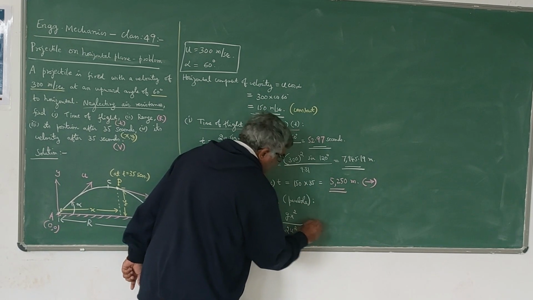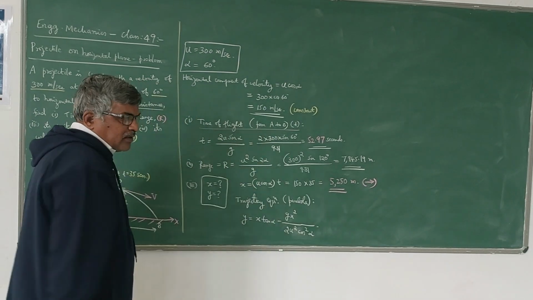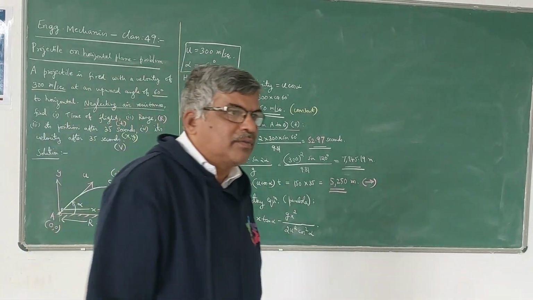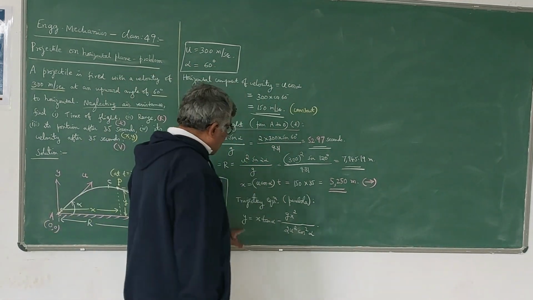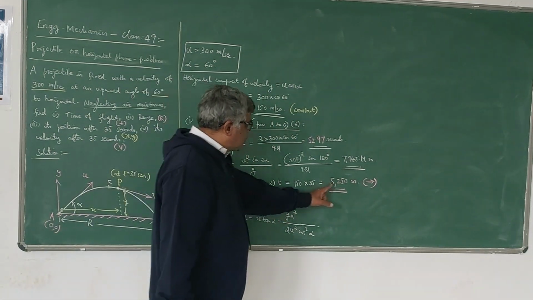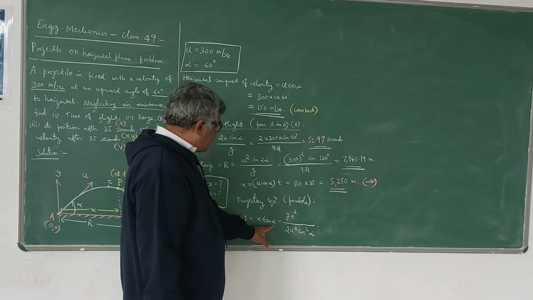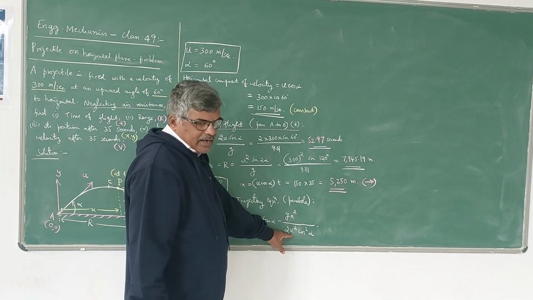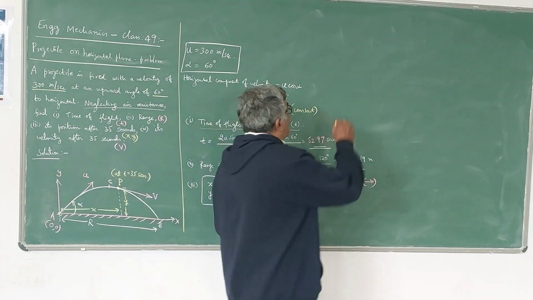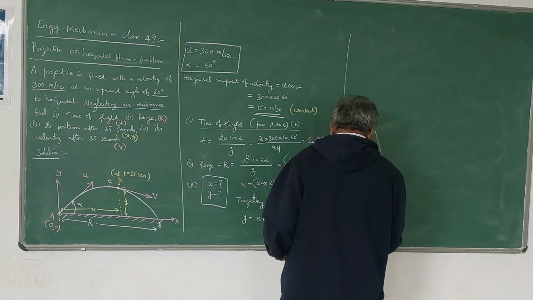You can write either like this, or you can bring that cos square alpha to the numerator, it becomes secant square alpha, that is 1 plus tan square alpha. Now here x value is known, 5,250 meters, alpha is 60 degrees, g is 9.81, then u value is 300 meter per second. Now substitute those values, you get the y value.